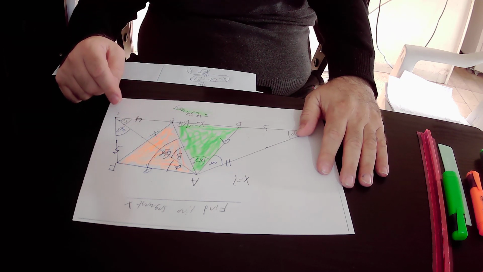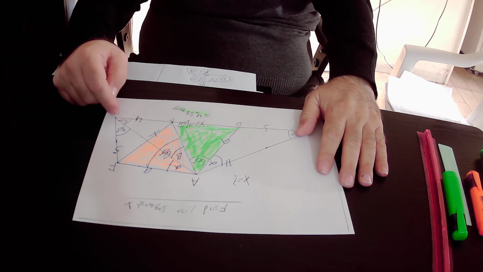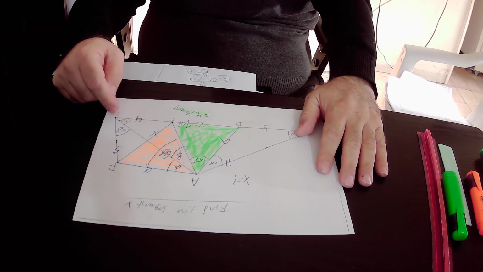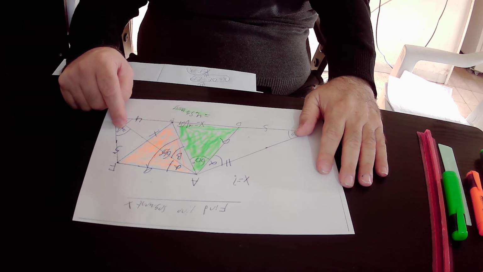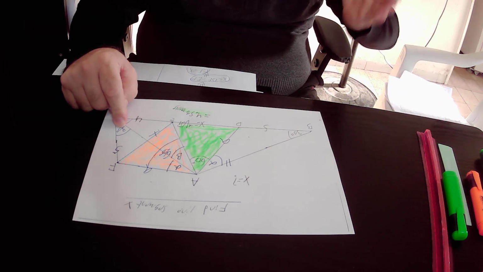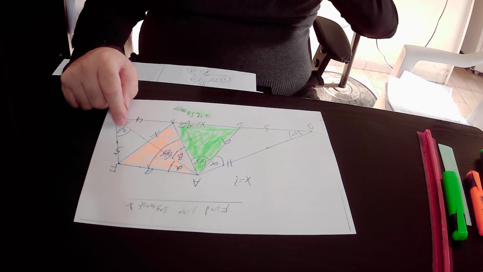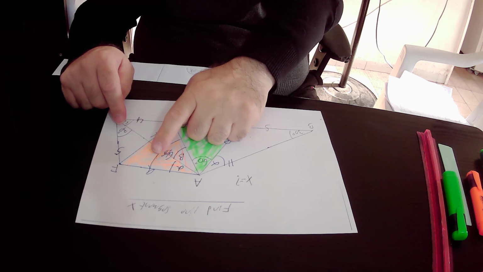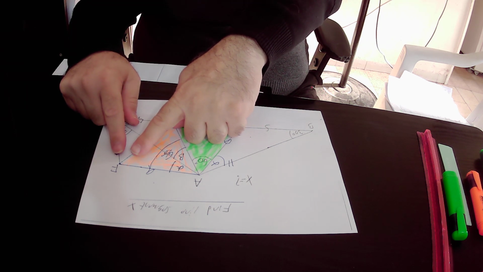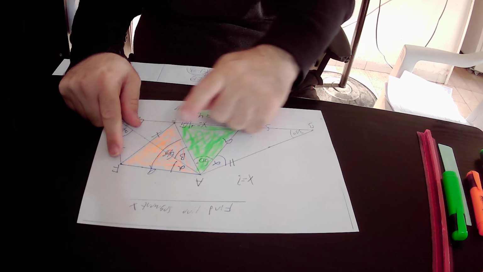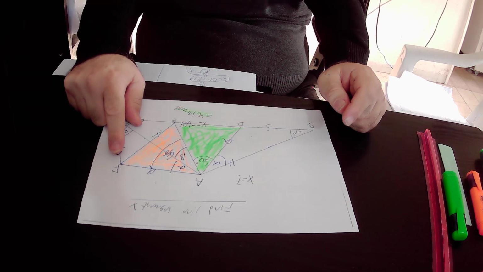In the second construction, from point C, we draw a straight line in such a way that the angle between the straight line and side CA equals 30 degrees. Then we extended the two straight lines until they intersect at point F.